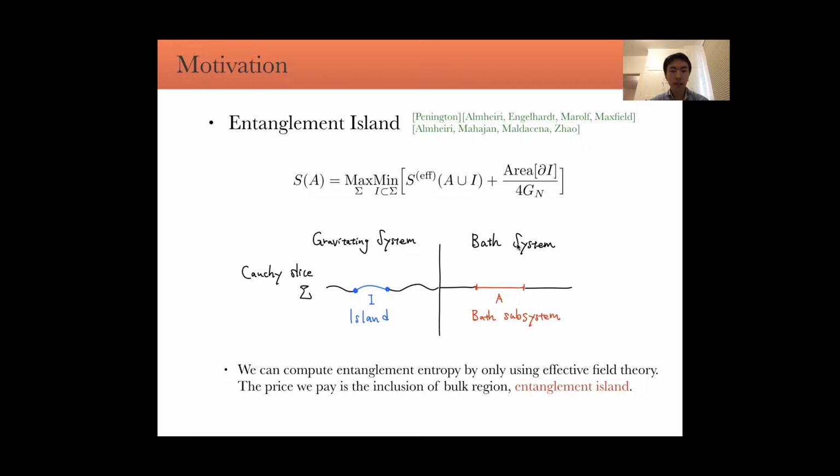The entanglement entropy is computed by the entanglement entropy of the effective field theory for the subregion A union I, plus the area term of the boundary of the entanglement island. So this is the formula.